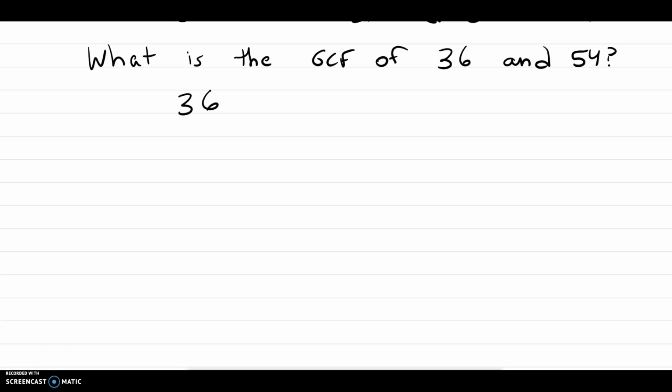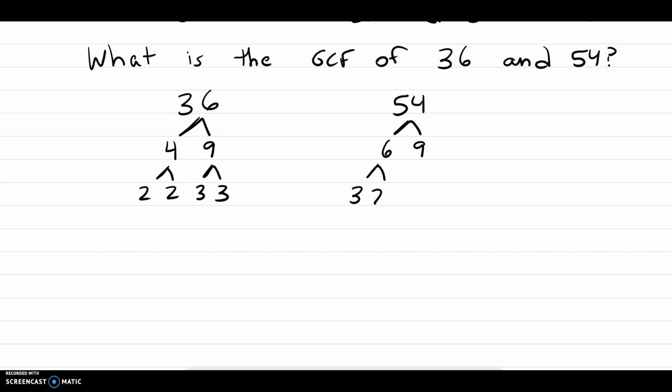So for 36, we'll break it down. I could do 4 times 9, and then I can break down 4 into 2 times 2, and then 9 into 3 times 3. For 54, we could do 6 times 9, so 3 times 2, and then 3 times 3. So this time there's a lot more things that they have in common.